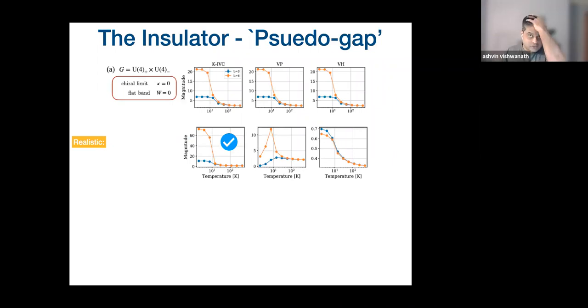Yeah, that's a good question. So the sign problem thing that I talked about was for the generic case when I have no chiral symmetry and I have dispersion. The valley polarized state is something that you would expect as a ground state if you had no dispersion, and you move away from this chiral limit.